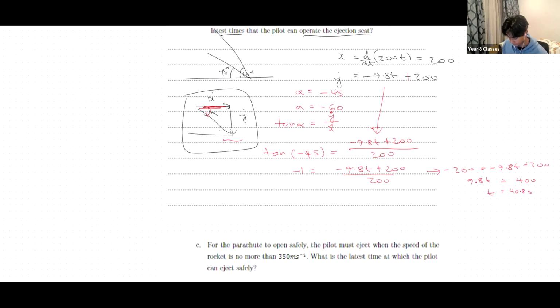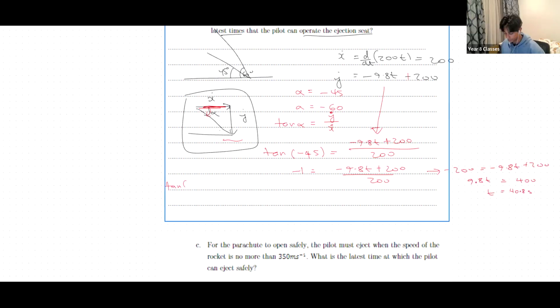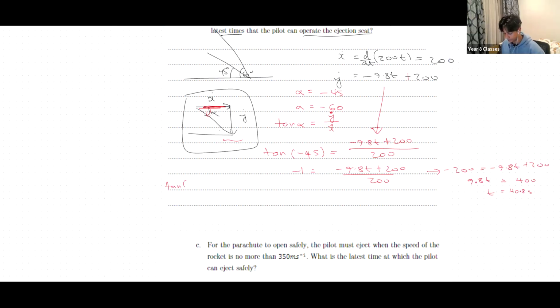And what's the other thing, tan? That is negative 45. What else is tan in between? Negative 60. Yep. And same setup, minus 9.8 t plus 200 over 200. And what was tan negative 60? It was minus 1.73, so negative root 3.